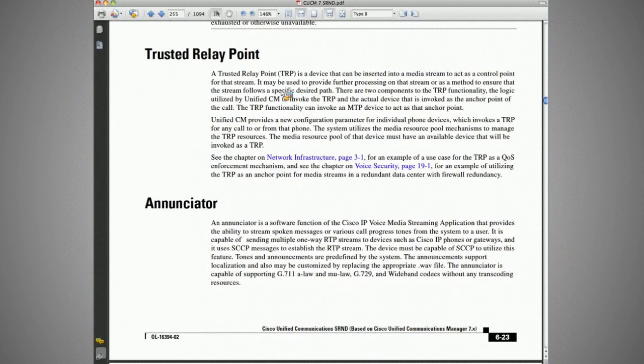And the main reason that we would use it is as a QoS enforcement mechanism, or also for voice security.